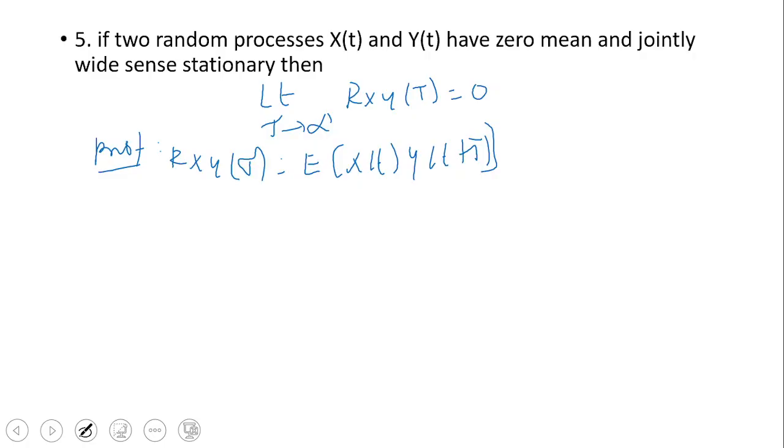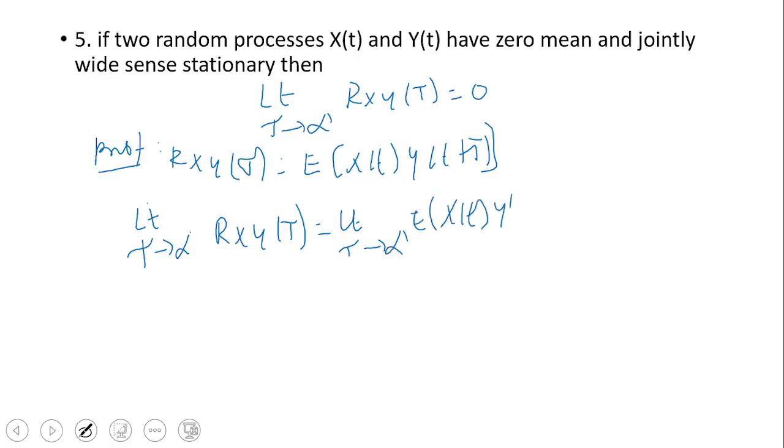Now, since tau tends to infinity, take the limits on both sides. Limit tau tends to infinity, Rxy of tau is equal to limit tau tends to infinity, E of x of t, y of t plus tau.